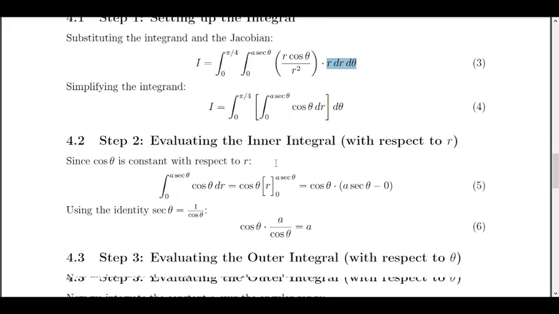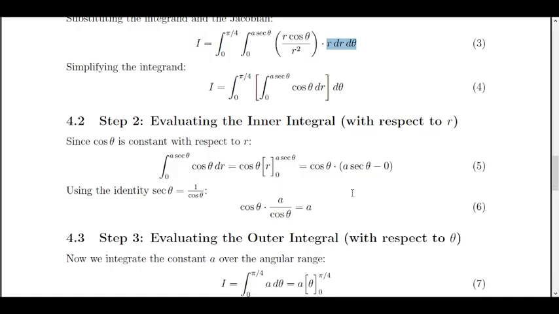Now how to evaluate this? We integrate with respect to r, treating theta as a constant, so cos theta is constant. Evaluating the inner integral from 0 to a secant theta of cos theta dr: we write cos theta as it is, the integral of dr is r, and substituting the upper limit gives cos theta into a secant theta.